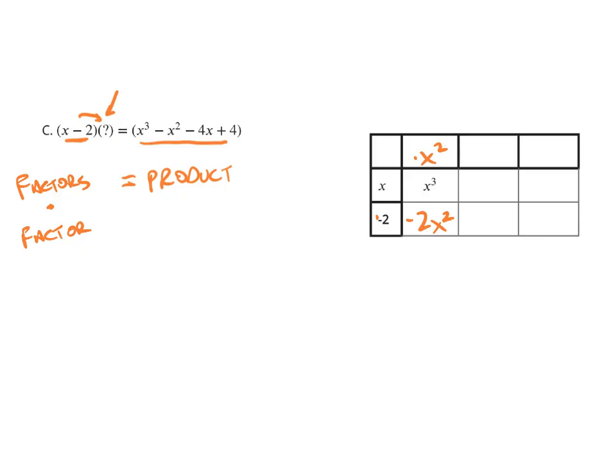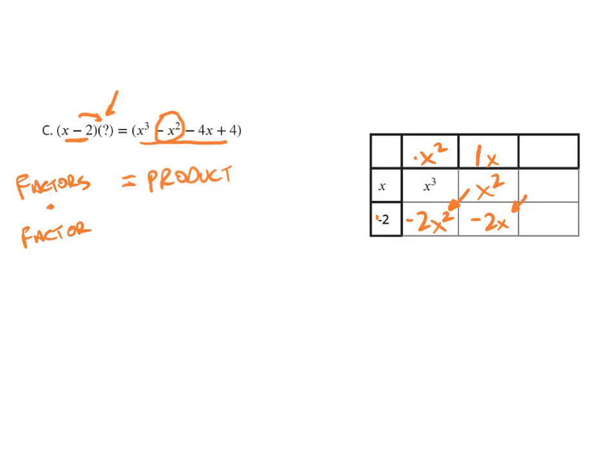Now, we have the x cubed part taken care of. We have to ask ourselves, what number makes negative 1x squared? What added to negative 2x squared? Positive 1x. 1x times x is x squared. 1x times negative 2 is negative 2x, because we add on diagonals. And then our next number is negative 4. What plus negative 2x gives us negative 4x?